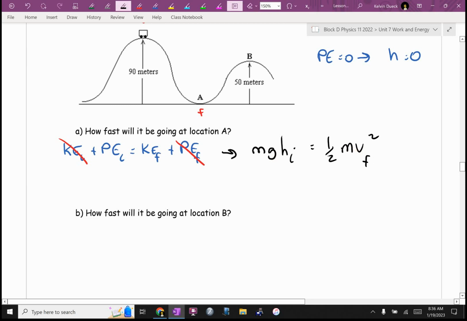What does that mean? Have you been on a roller coaster before? Yes? Before you got on the roller coaster, did they make you step on a scale? Did they have to measure your mass? Do they have to spread out heavy people and light people? Do they have to make sure that all the cars are full or none of the cars? No. Do you know why? Because it turns out for roller coasters, the masses cancel.